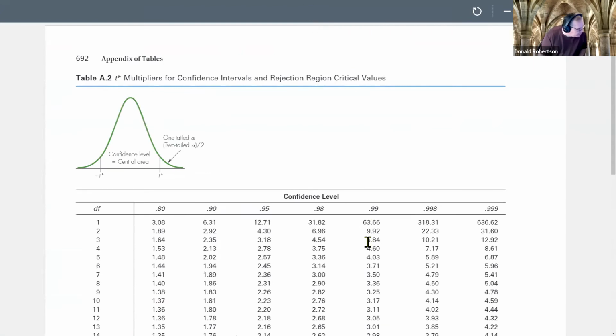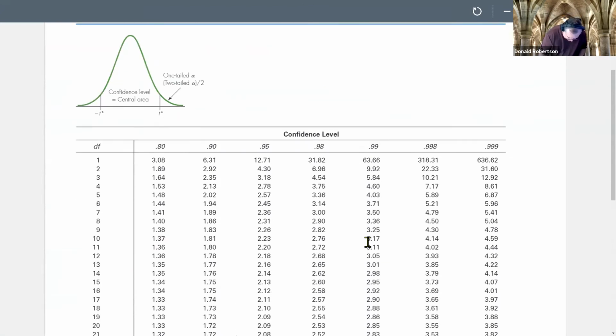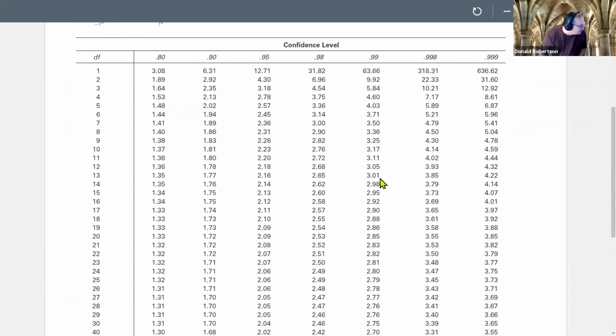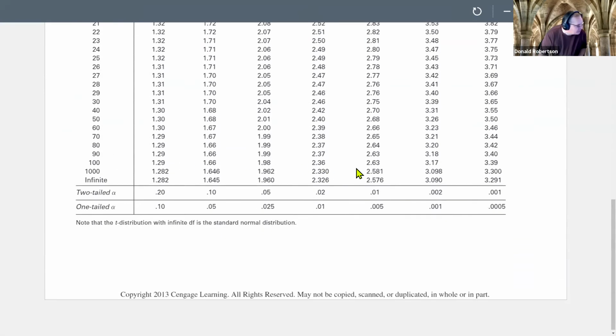So I want 99, and it's 99 degrees of freedom, so I'm going down this column. I don't have a 99, so I'm going to pick this guy here, 2.63. And we are good.